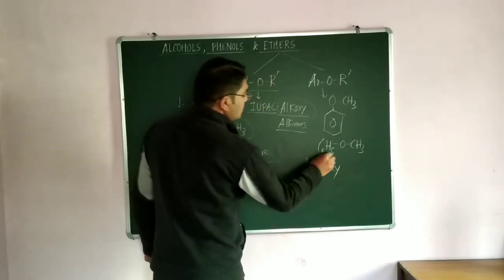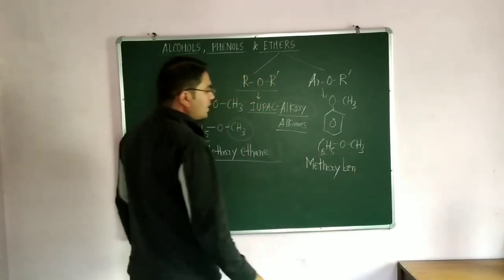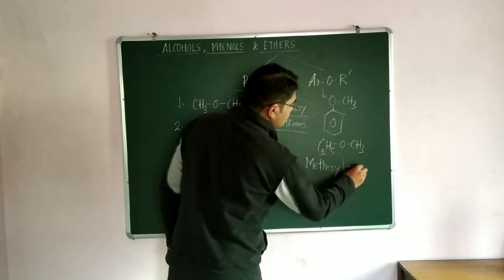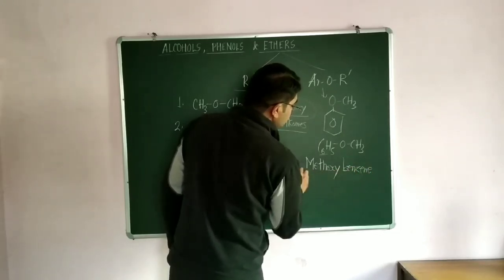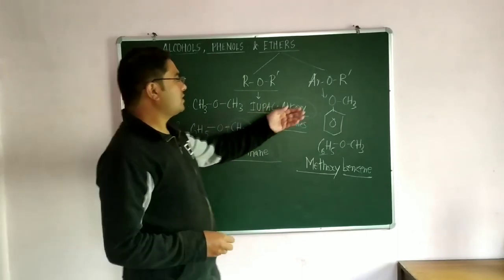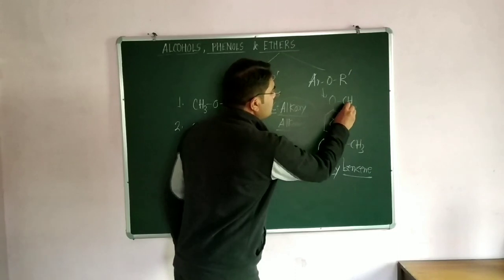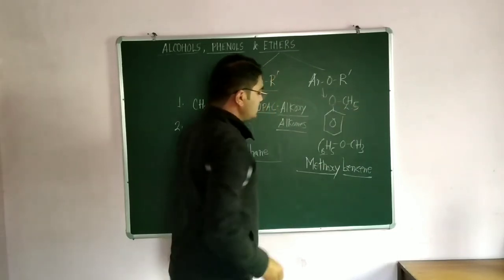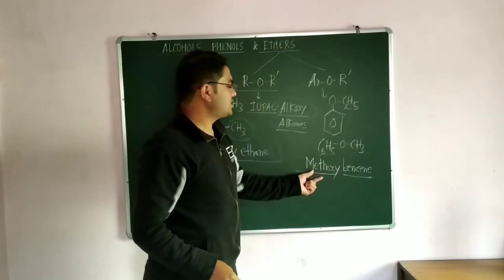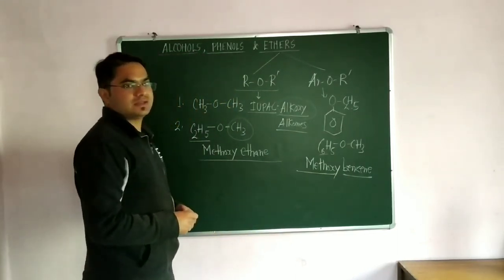Here it is a benzene ring base, that's why the name ends with the aromatic hydrocarbon, that is benzene. So the name is methoxybenzene. Similarly, other members of the group are formed if we replace this alkyl part by an ethyl part, then instead of methoxy it is ethoxybenzene. So this is the naming part for alcohols, phenols and ethers. Thank you.